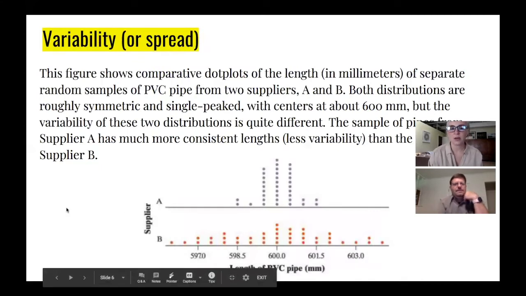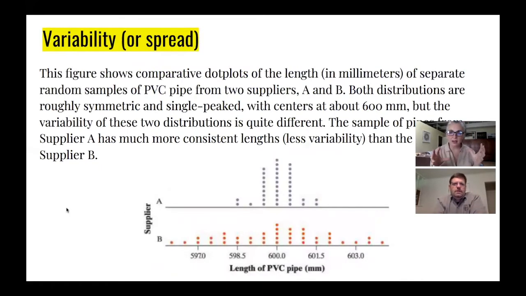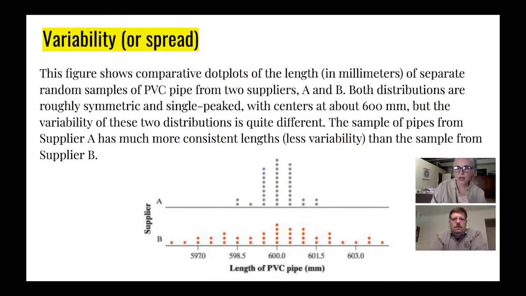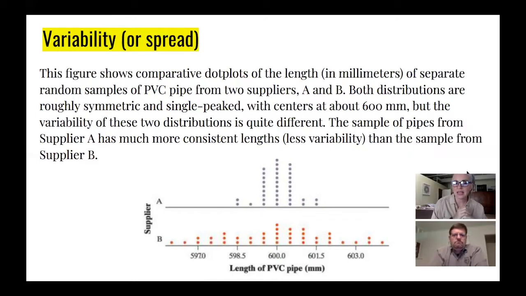Okay, let's do this one. You've got comparative dot plots here, and each dot represents a sample of a PVC pipe and its length. The centers are about 600 millimeters, and we've got two suppliers, supplier A and supplier B. So we want to notice here that supplier A's dots are all kind of squished together, and supplier B's dots are really spread out.